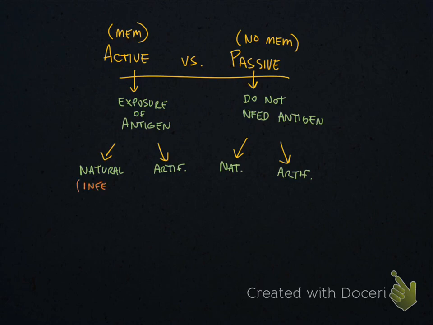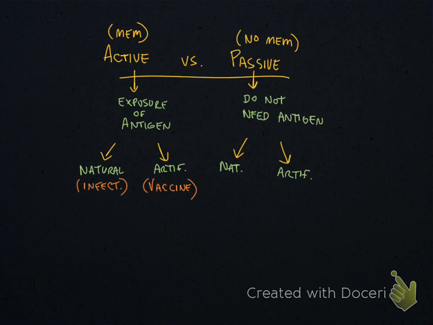You're exposed to the antigen, you mount an immune response, and you acquire that memory. Artificially, this would be like getting a vaccine. You're exposed to an antigen, part of a pathogen, and you mount an immune response and you acquire that memory, so that when you're exposed to it again, you can more quickly mount an immune response to fight off that pathogen.